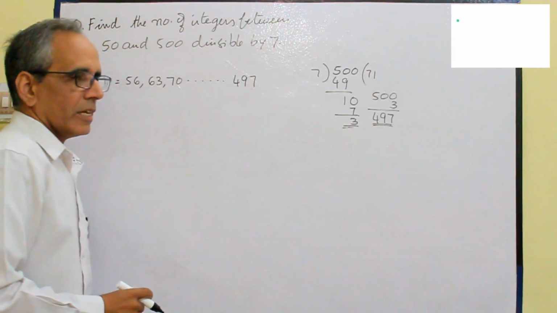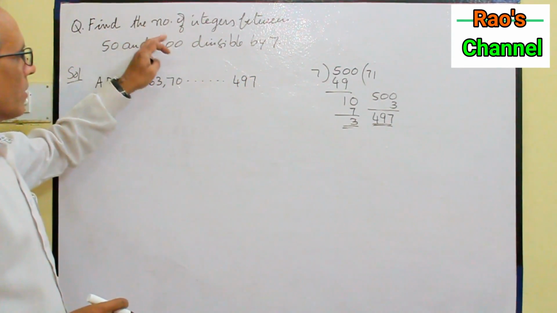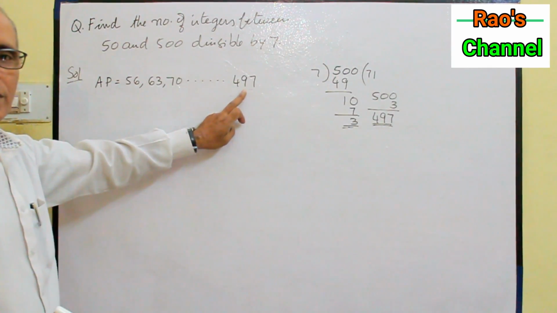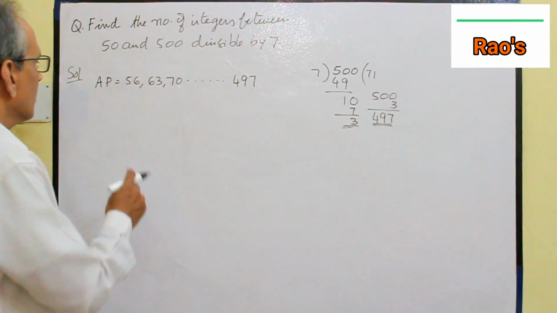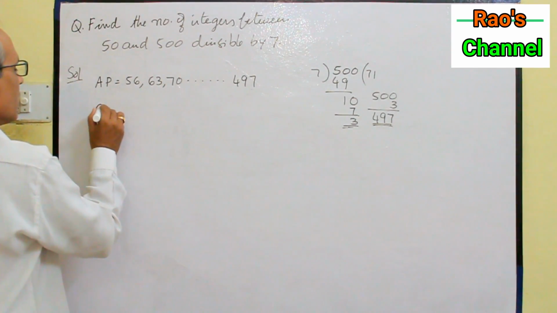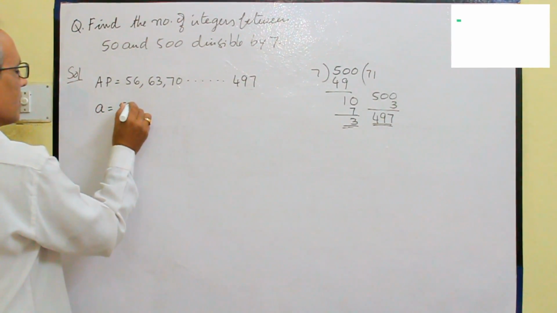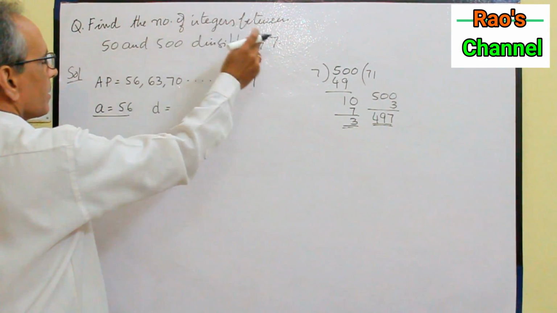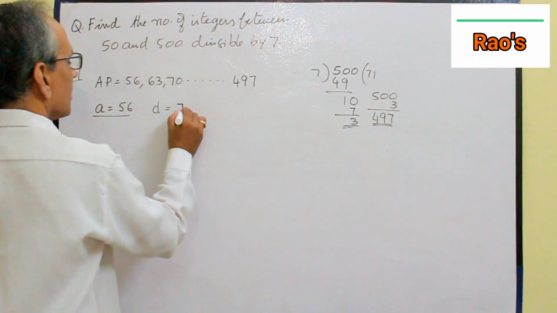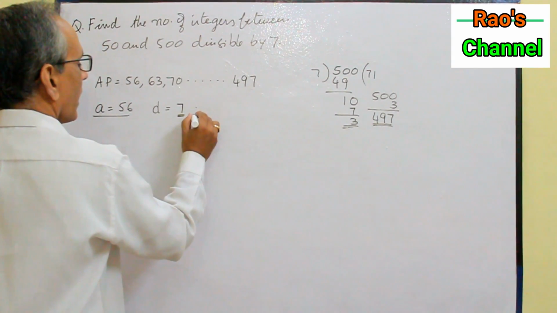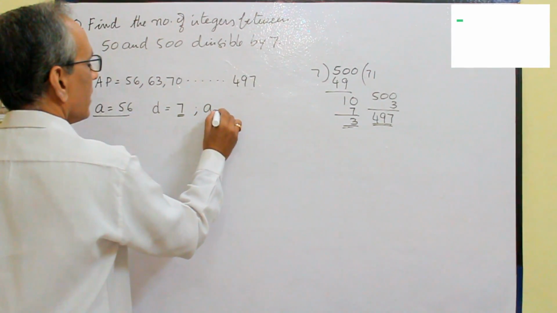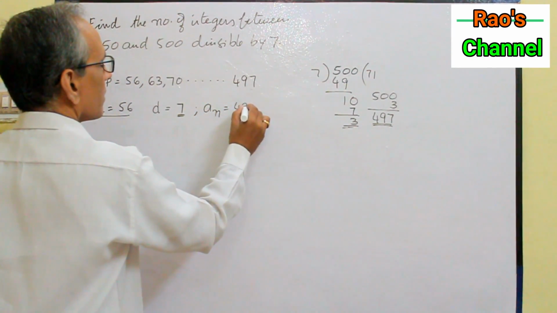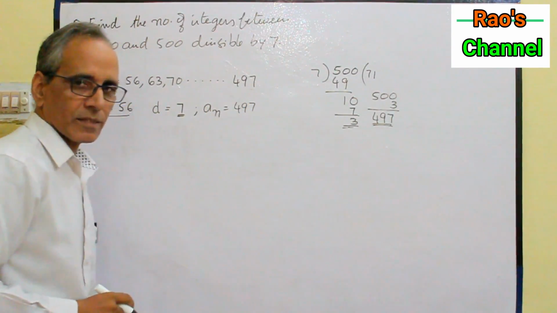Actually you have to find how many terms, which term is 497. So from this AP we can define A as 56 and D is the common difference; since they are the multiples of 7, we need not subtract. D is equal to 7 and the nth term is 497. We have to find the value of n.